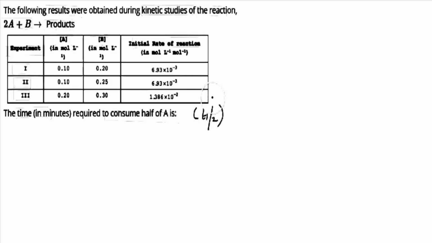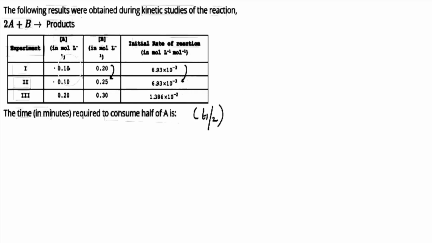Now, if you look at the table that is given to you, in the first experiment, the concentration of A is 0.10. In the second experiment, also the concentration of A is 0.10, whereas the concentration of B is changing. But the rate is not changing.